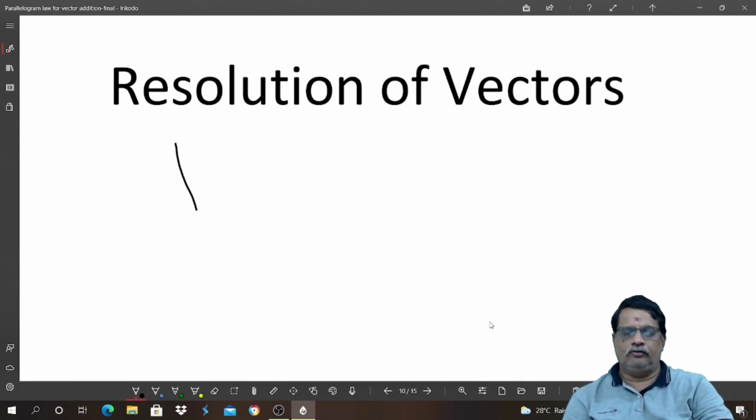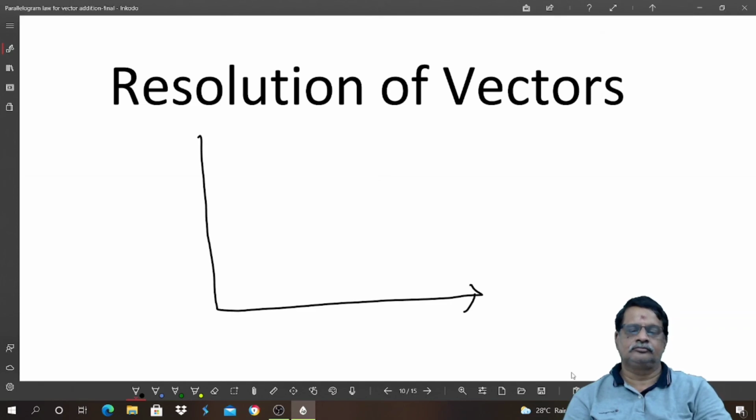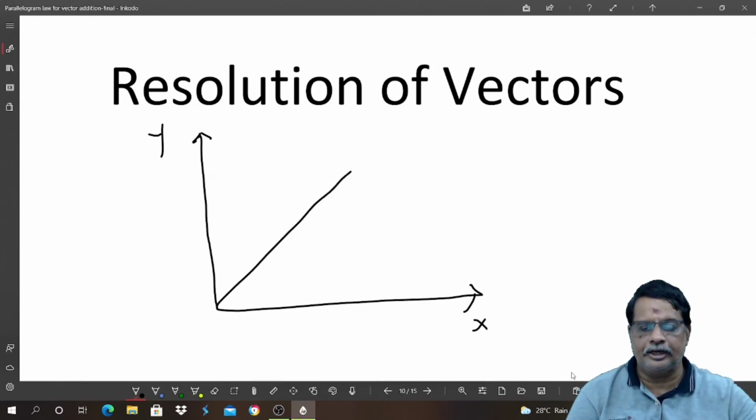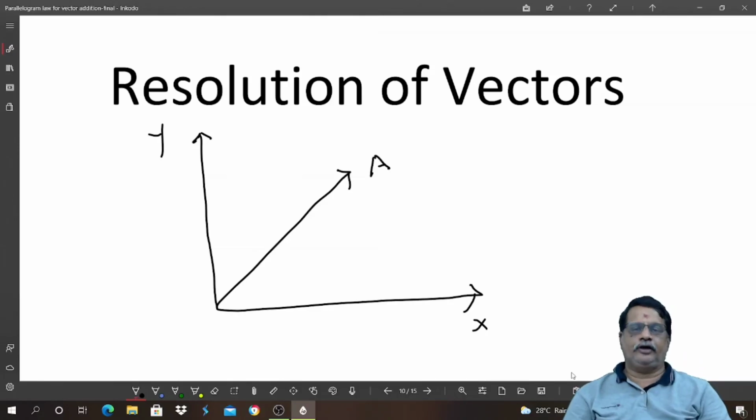So let us draw the y-axis. So this is our y-axis and this is our x-axis. Now we have a vector here. Let us call the vector A. This is our vector. Now resolving this vector means finding its projections onto the x and the y-axis.